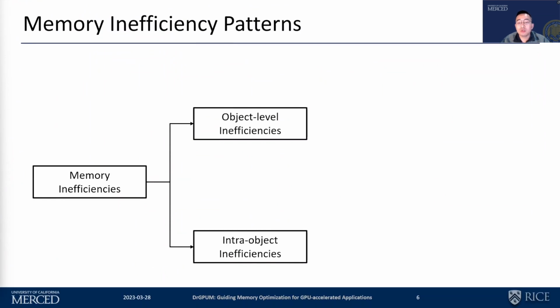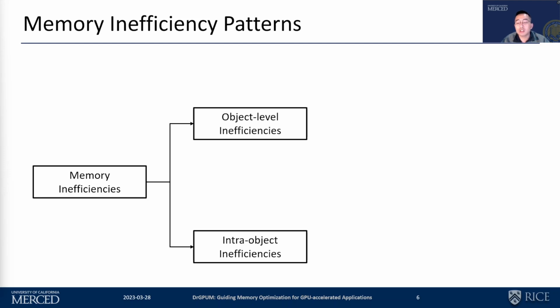Besides the previous two applications, we investigated many other important GPU applications and found GPU memory inefficiencies that can be categorized into object-level inefficiencies and intra-object level inefficiencies. For object-level inefficiencies, we focus on the order of GPU memory APIs on each object, but do not care about the memory access on each element.